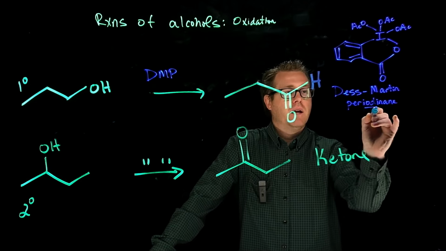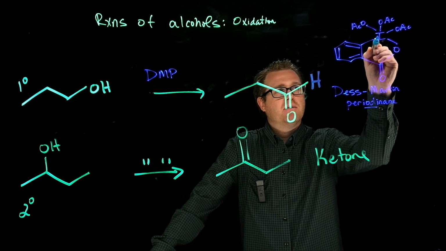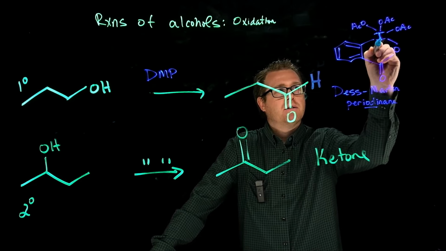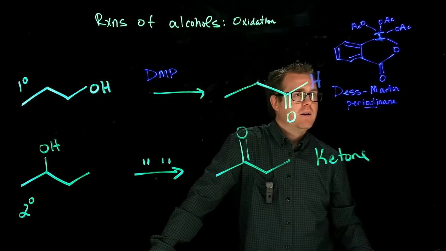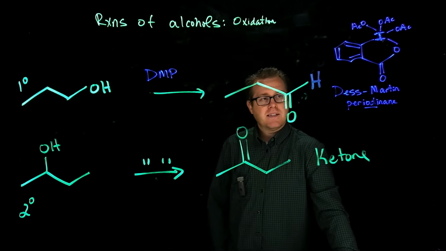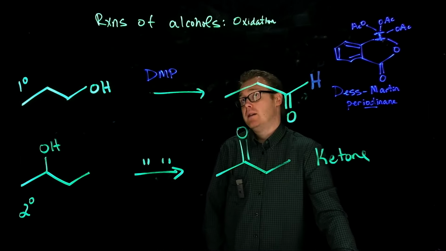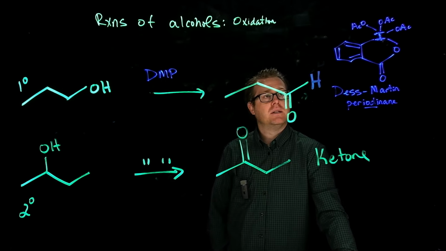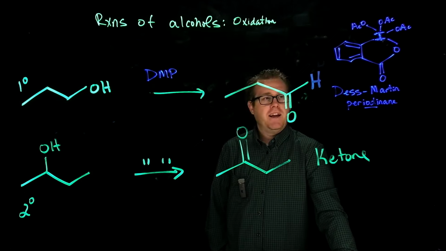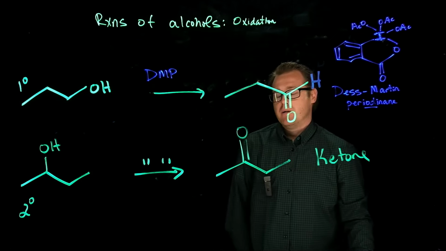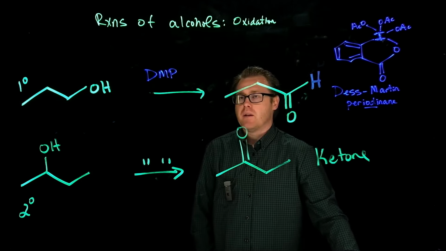So this iode right there is responsible for the iodine right there. See it? So the Dess-Martin periodinane, that's a mouthful. So we just say DMP, or just Dess-Martin for short.